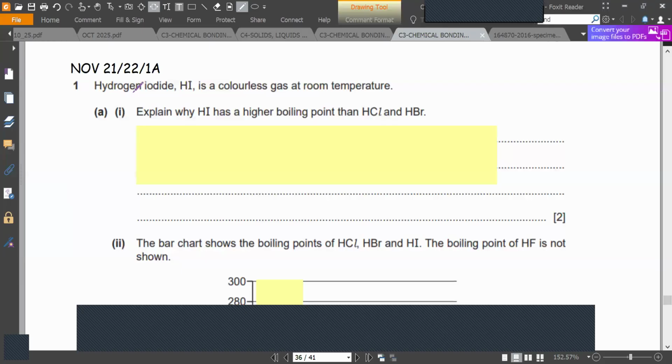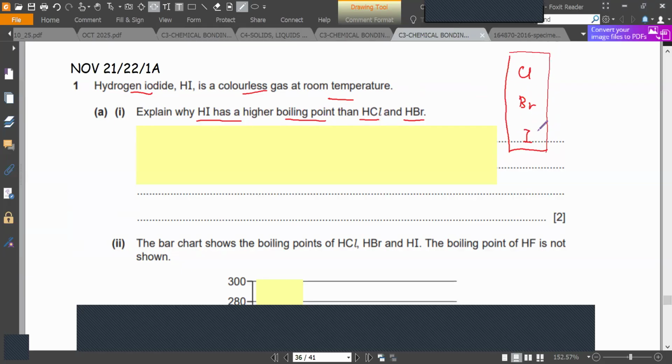Hydrogen iodide is a colorless gas at room temperature. Explain why hydrogen iodide has a higher boiling point than HCl and HBr. Cl, Br, I are arranged like this in the periodic table.